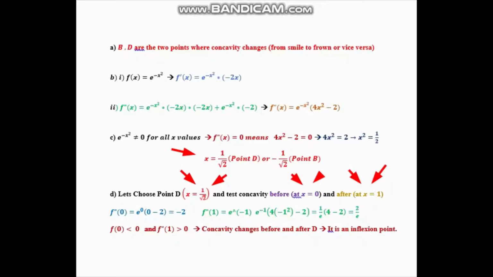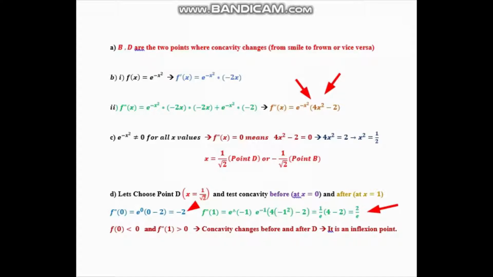So f double dash of 0 is obtained by plugging 0 into this expression, and I've obtained it as negative 2. F double dash of 1 is obtained again by setting 1 into this expression, and I've obtained it as 2 over e.